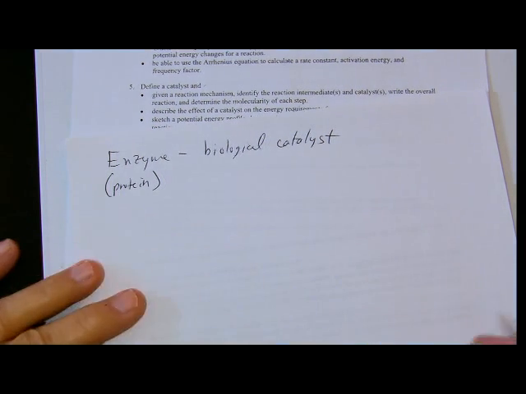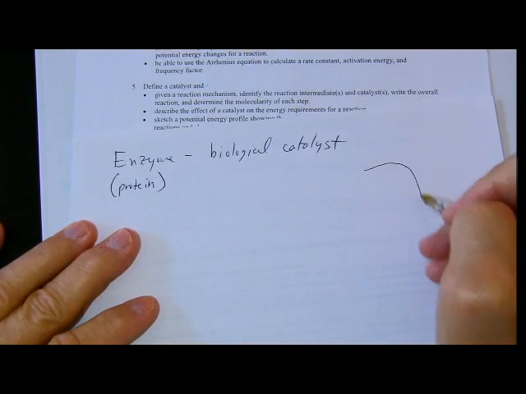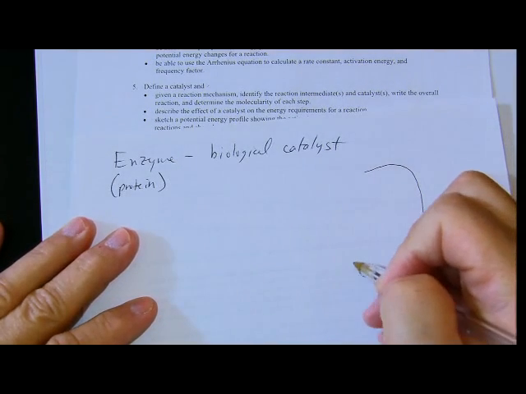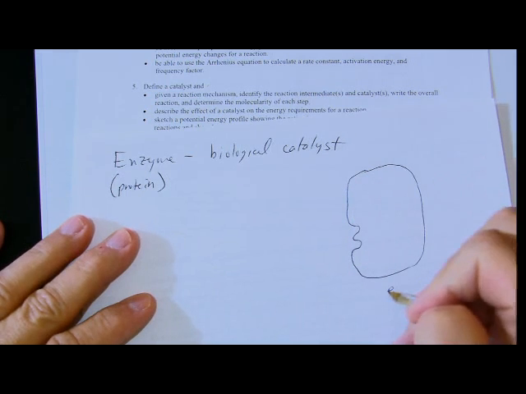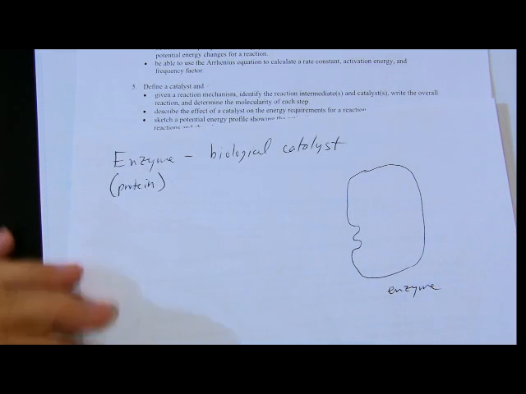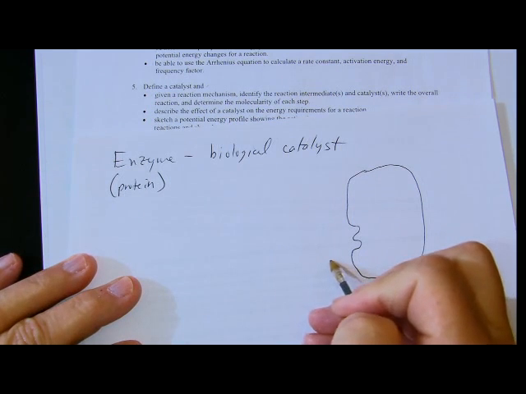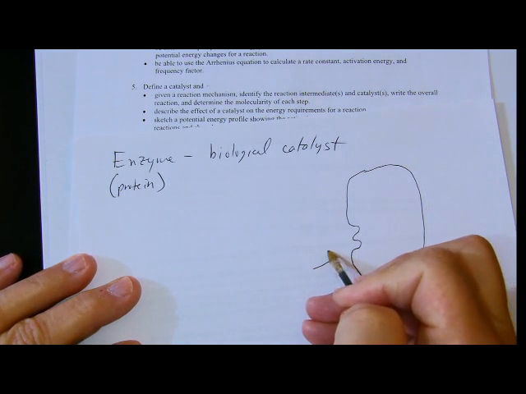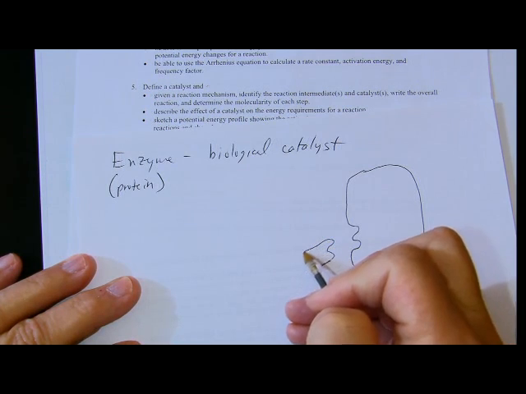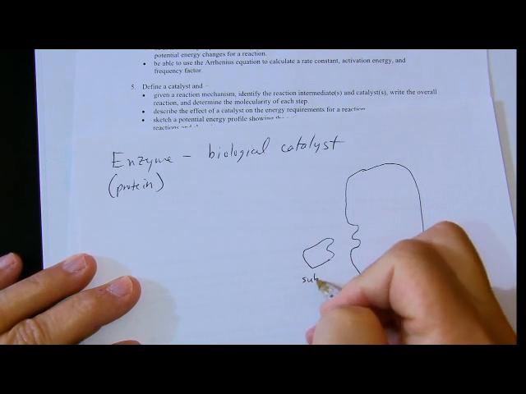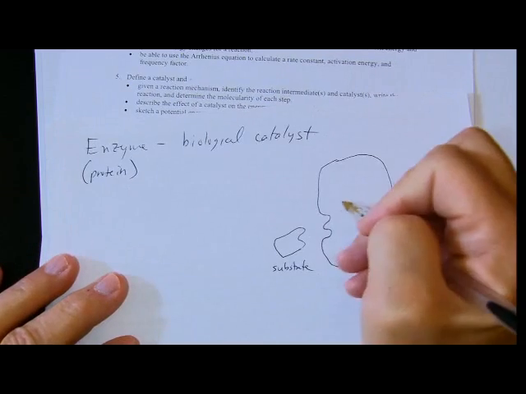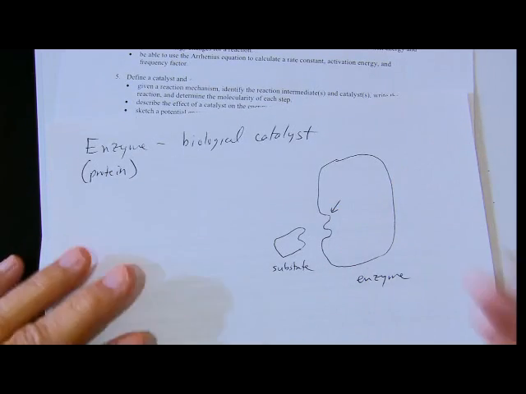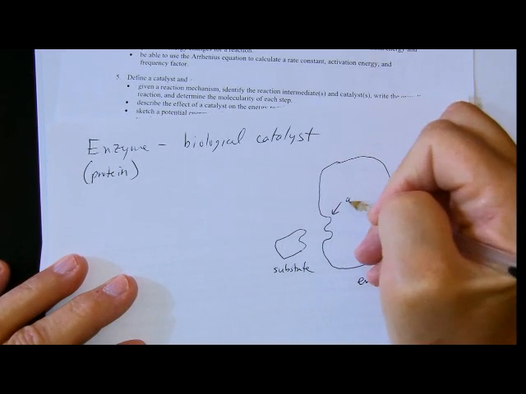I'm going to illustrate that with this really big chunk here, and then I'm going to put a little piece like that. So here's my enzyme. And then you've got a substrate molecule, there's my substrate. And then there's this thing right here. This part of the enzyme is called the active site.